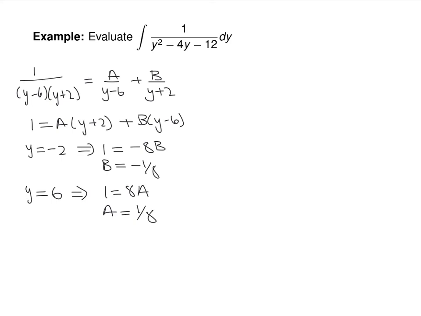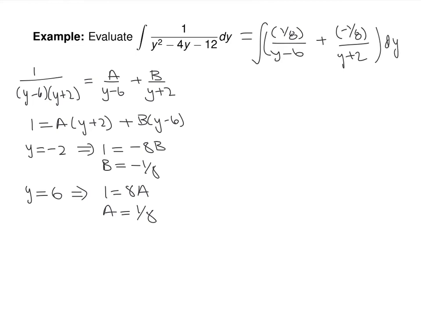And with these kinds of problems, most of the work is in the algebra. So that tells us that this can be written as 1/8 over y minus 6 plus negative 1/8 over y plus 2.